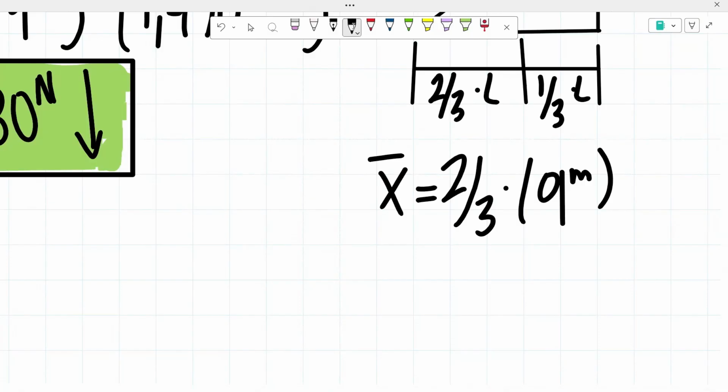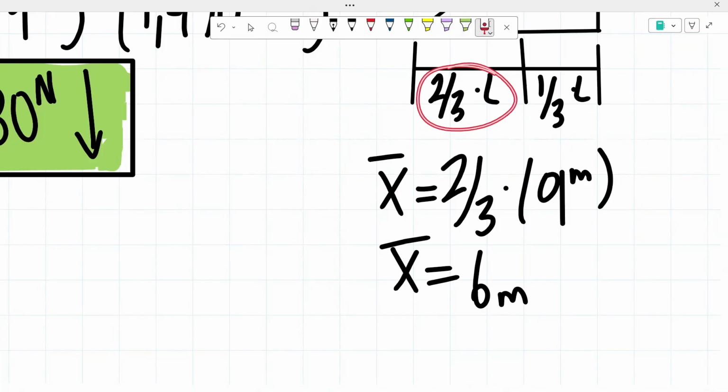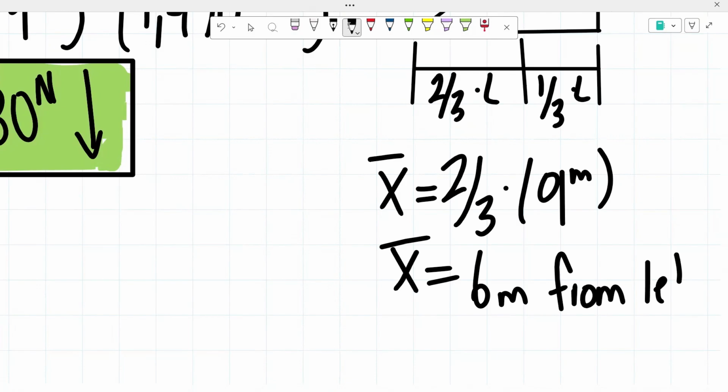So then I would end up getting that the location of that equivalent resultant force is 6 meters. But since I used this, I have to specify. So what I would put is 6 meters from the left side, right?